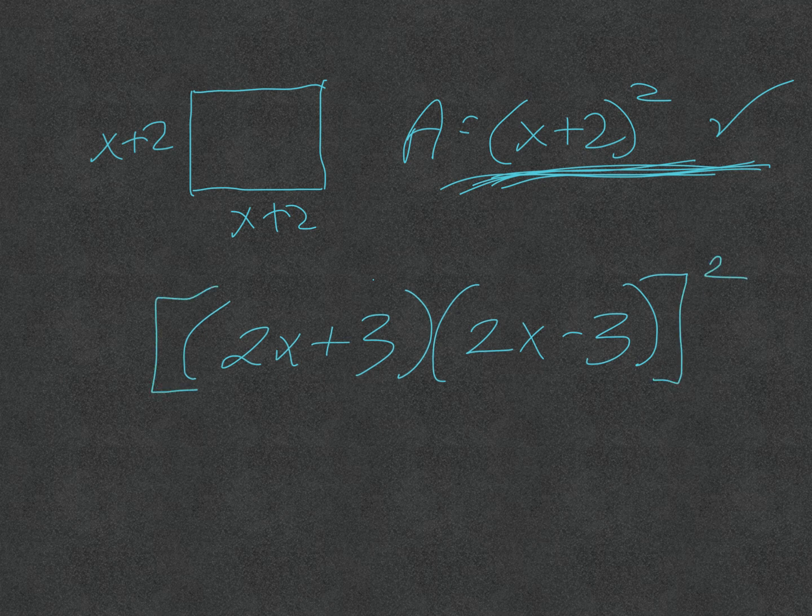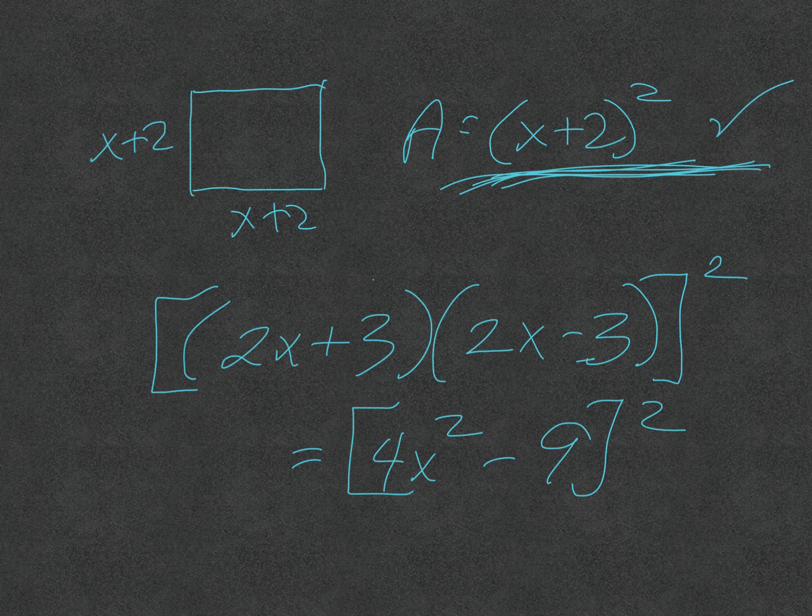So when you think about that, you go, okay, inside here is a difference of squares. So I can just write that as 2x squared, which is 2x times 2x, 4x squared minus 9. It's a difference of squares. And then I have to square that.